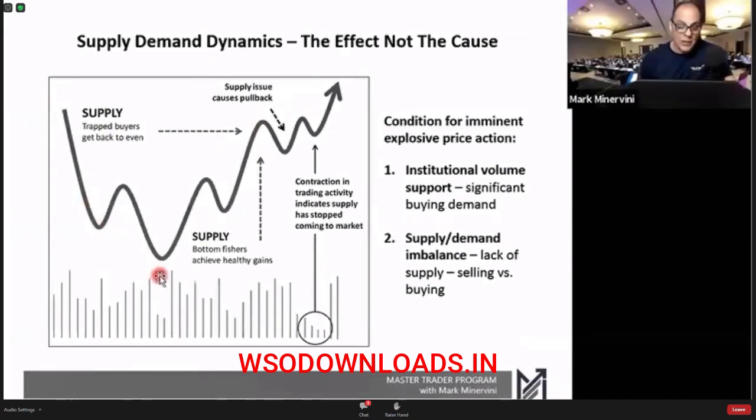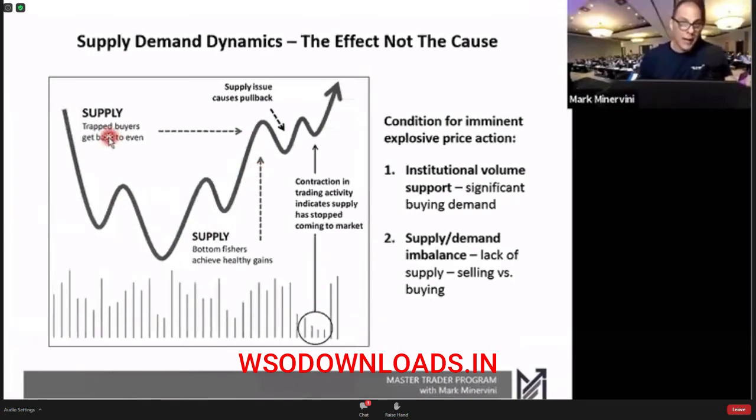As the stock comes down and then starts to turn back up off the lows and run up that right side, you also have some bottom fishers, whether they're value players or whatever reason, buying around the lows. So as the stock comes back up the right side, you basically have supply from two groups of owners of the stock.